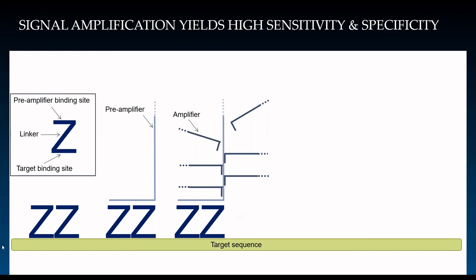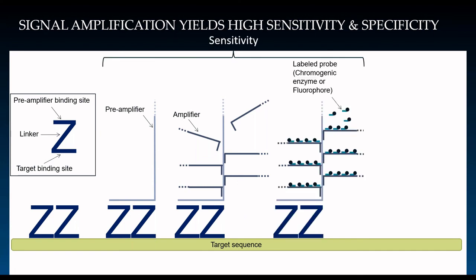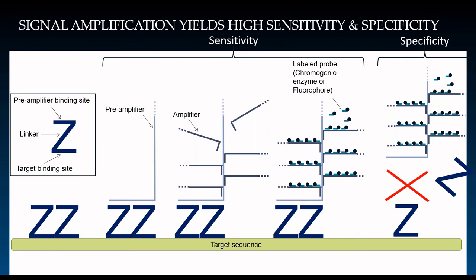And next, you will see the chromogenic or fluorescently labeled probes binding onto this amplifier, giving you this amplification or signal tree. This allows for a very high signal to noise ratio, and it provides detection of even really low expressing target transcripts.